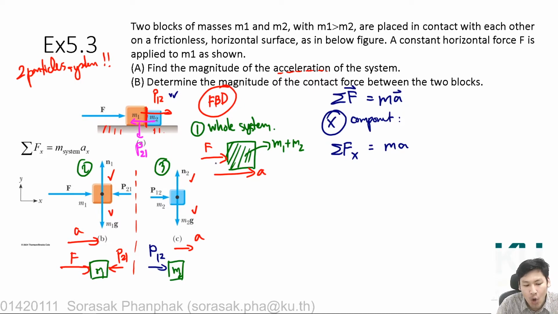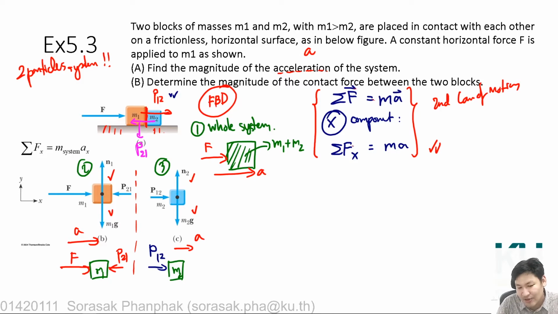Whether you look at the whole system, or mass m1 or m2, it is all working around Newton's second law of motion. Since you know that, you're going to use this to derive and find the magnitude of acceleration of the system. So now you can use the whole system and look at the resultant force acting on the mass, using Newton's second law, to derive this part.